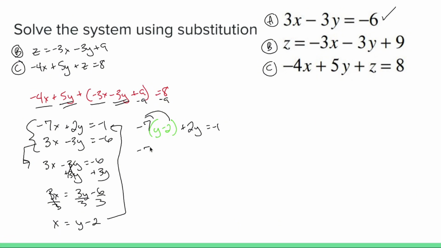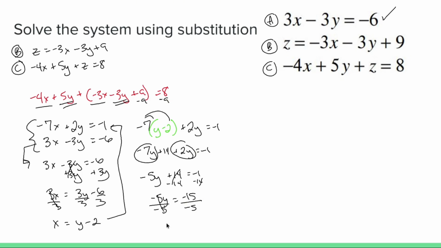Distribute: negative 7Y plus 14 plus 2Y equals negative 1. Combine like terms: negative 5Y plus 14 equals negative 1. Subtract 14, that gets us negative 5Y equals negative 15. Divide by negative 5, Y equals 3.